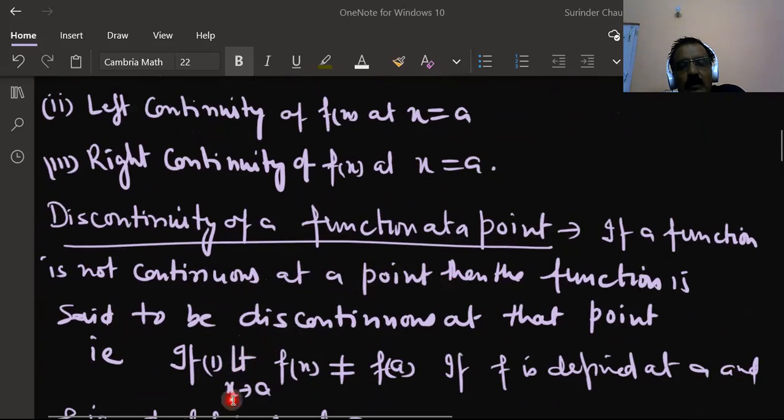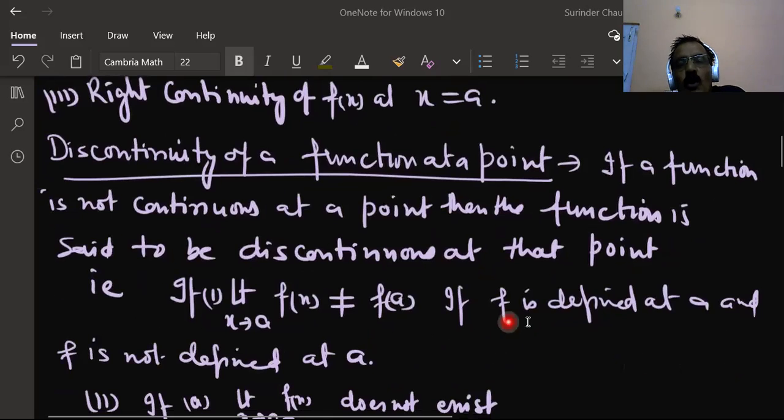If the limit as x tends to a of f(x), the limit of the function in the neighborhood of point a, is not equal to the value of the function at that point, then the function is said to be discontinuous at that point. Or if the function is not defined at a: the function is defined at a and the limit exists at that point but is not equal to the value of the function, or the value of the function at that point does not exist, then the function is said to be discontinuous at x equal to a.